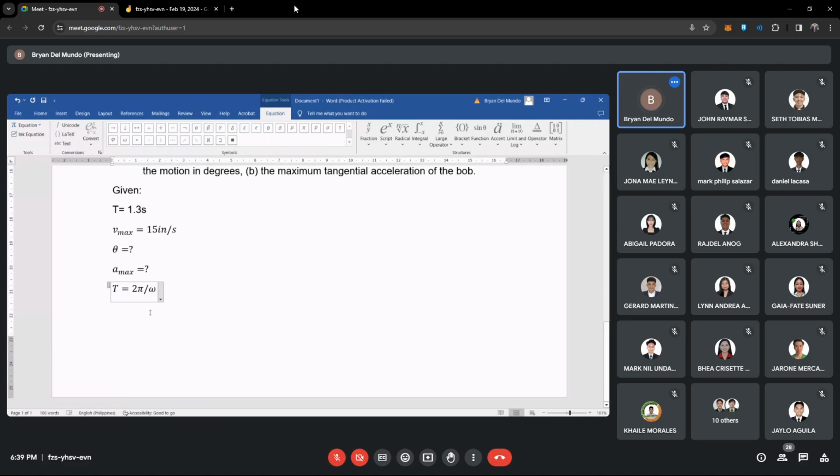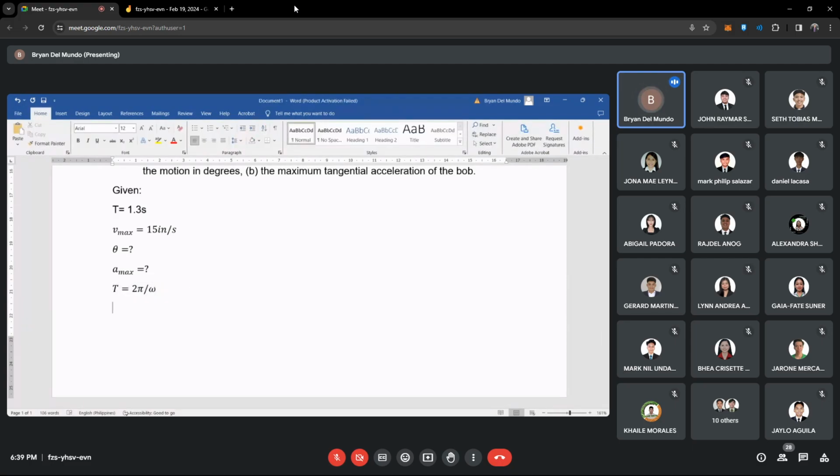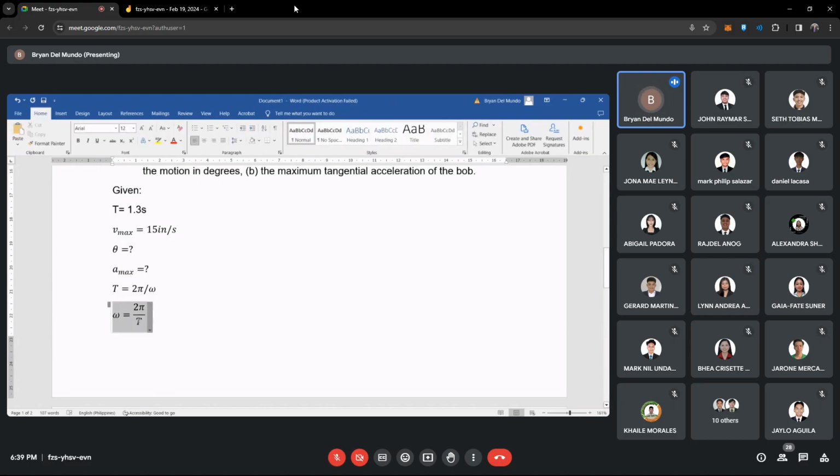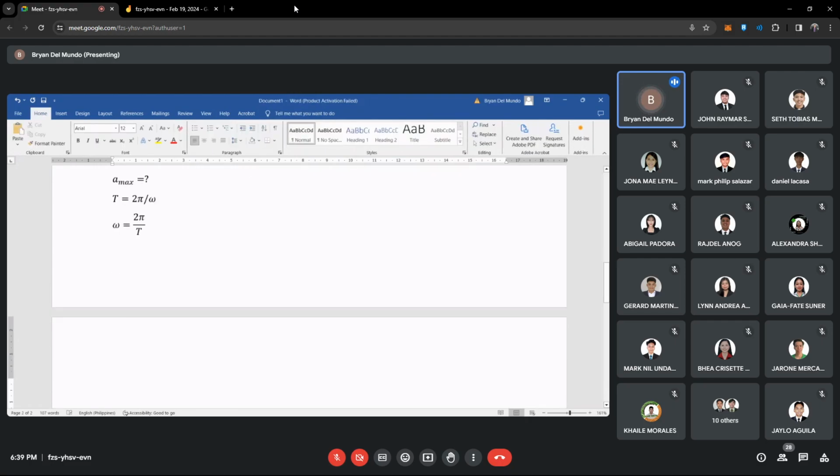So yan na lang. And then we can solve the value of omega n. So lipat lang natin to dito. This one is T. Okay, so now we can solve for the value of omega n.